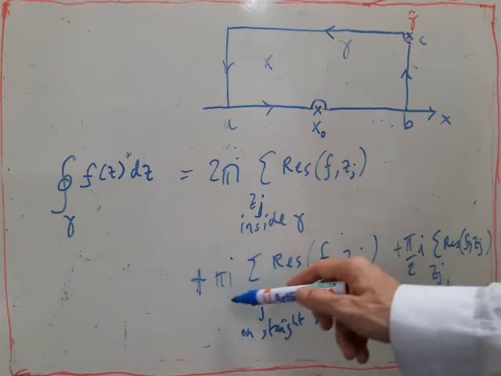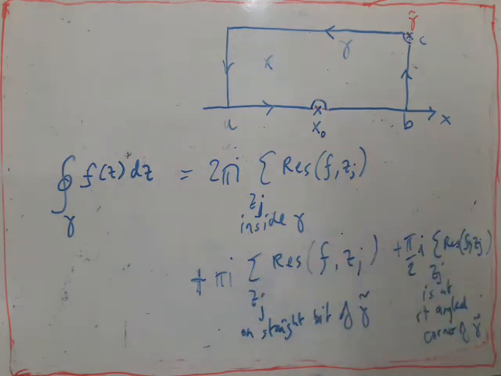So half of 2 pi i is pi i times the residue. And then finally, less commonly, sometimes you get a pole on a right-angle corner of the contour you want, in which case you just need a quarter of 2 pi. So you get pi by 2 i times the residue at that point.